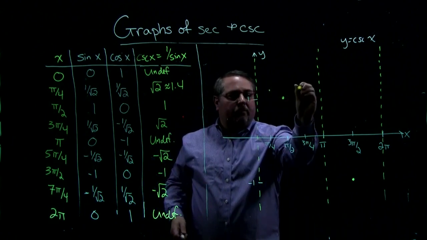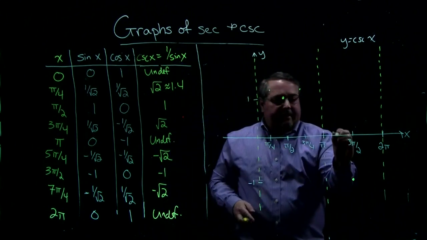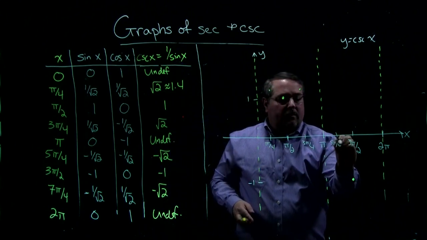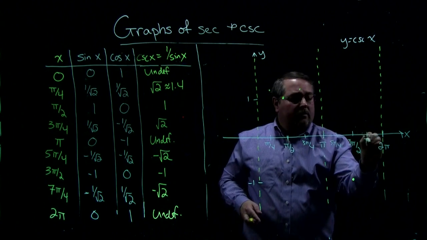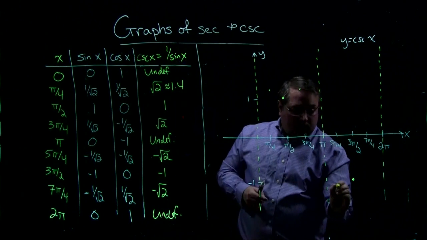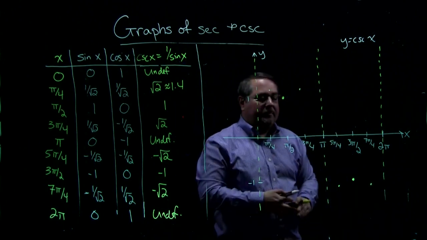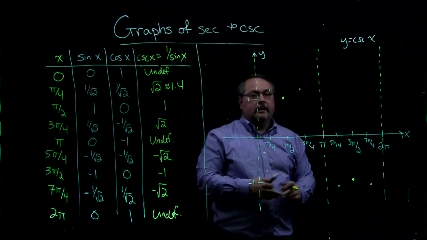Okay, so that's going to be a little bigger than 1. When x is 5 pi over 4 or 7 pi over 4, okay, that's third and fourth quadrants, y is going to be negative square root of 2, and that's going to be a little less than negative 1.